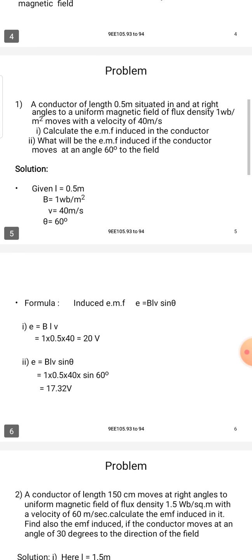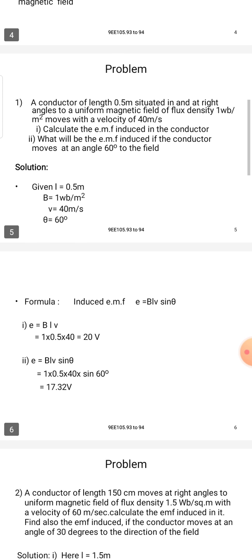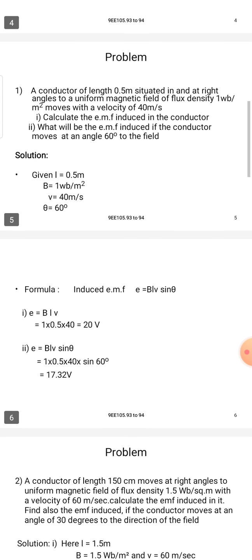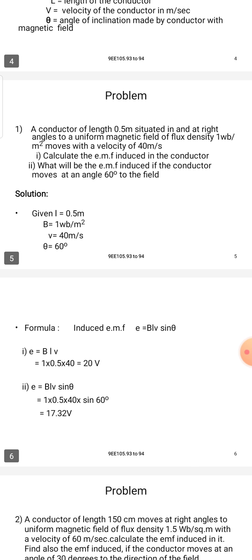Second, what will be the induced EMF if the conductor is moving at an angle of 60 degrees to the field?